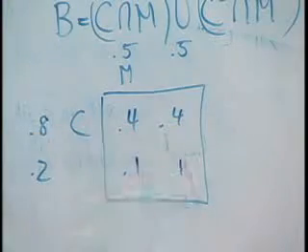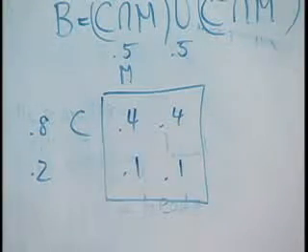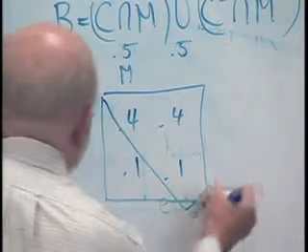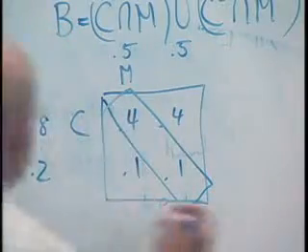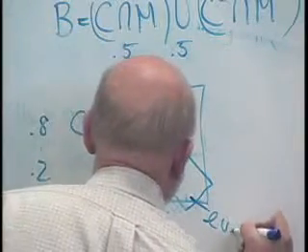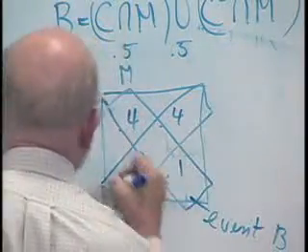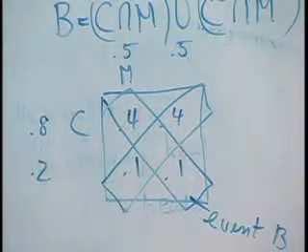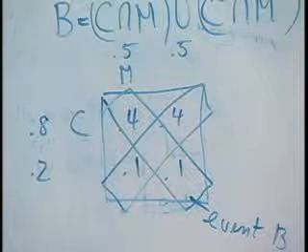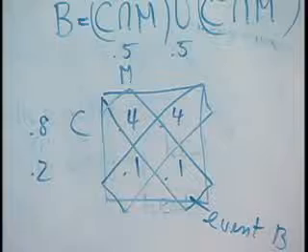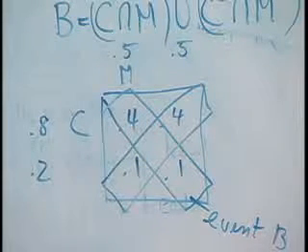So here are the four possible outcomes. These two are event B, and those two are event B complement. Before the game starts, my friend knows that Harvard has an 80% chance of winning the coin toss.